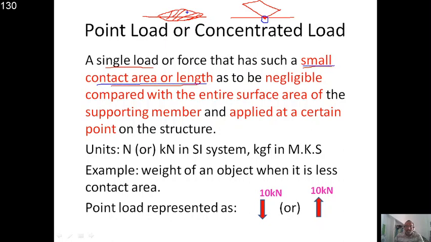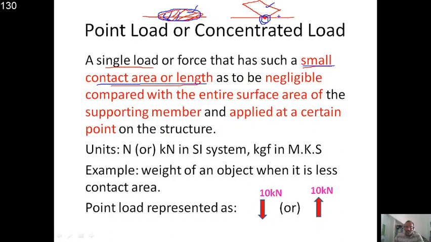Here both the weights are the same. There is no difference from the weight point of view, or the force point of view. The total force is the same, but here the contact area is large. This is the total contact area you have to take into account for determining its impact, whereas here the entire load is concentrated on a small contacted area.